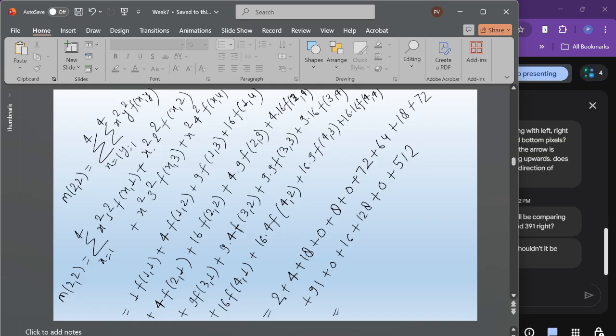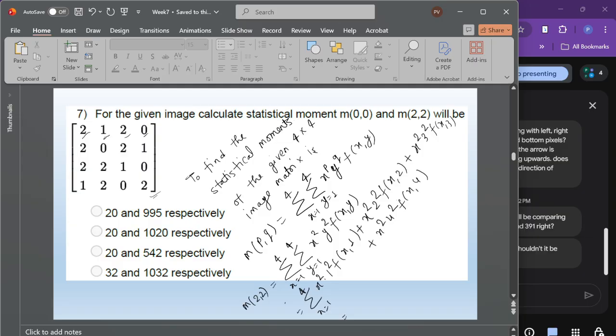Now if you add all these values, you will get 995. So the M22 value is 995. M00 value is 20 after calculation. If you see the options, option A is the correct answer for this question.